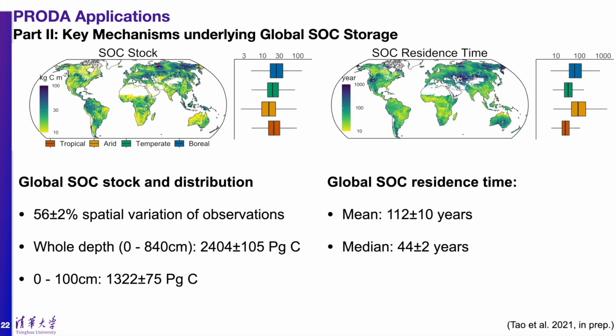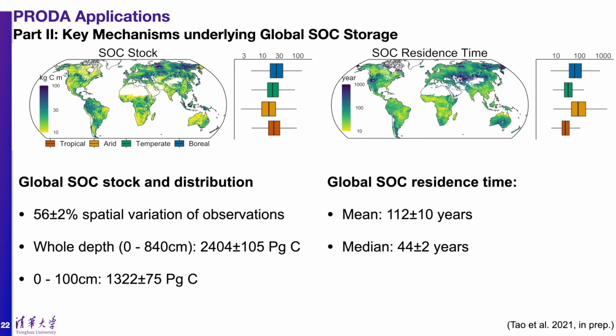We can see that the product approach first helps precisely describe soil organic carbon distribution at the global scale. CM5 can explain 56% of the variation of soil organic carbon and gives estimations of total global soil organic carbon stock that are very close to inventory sources.